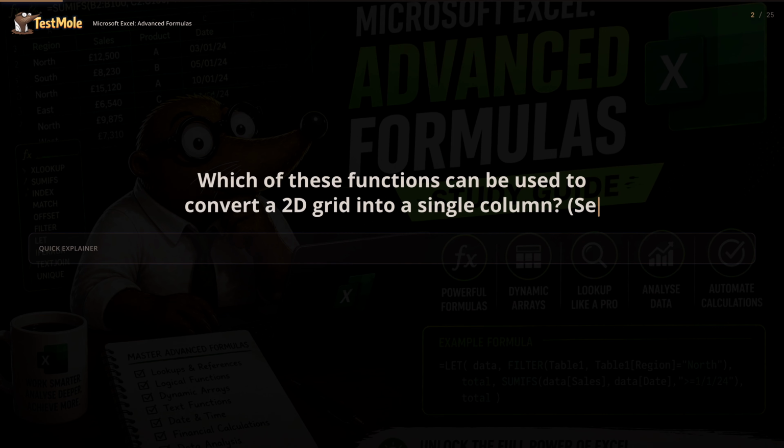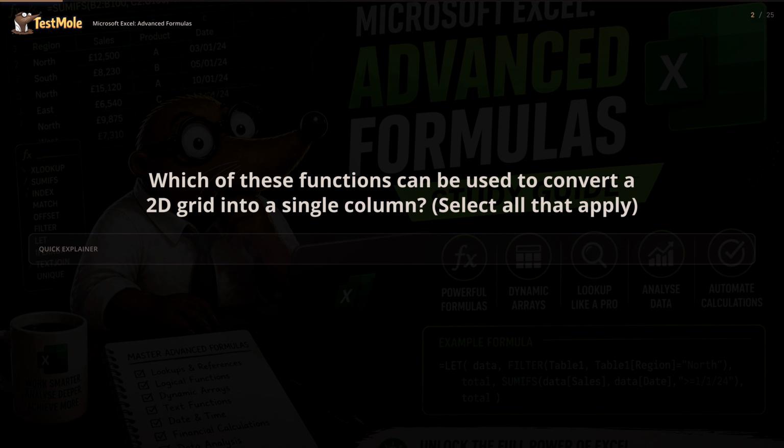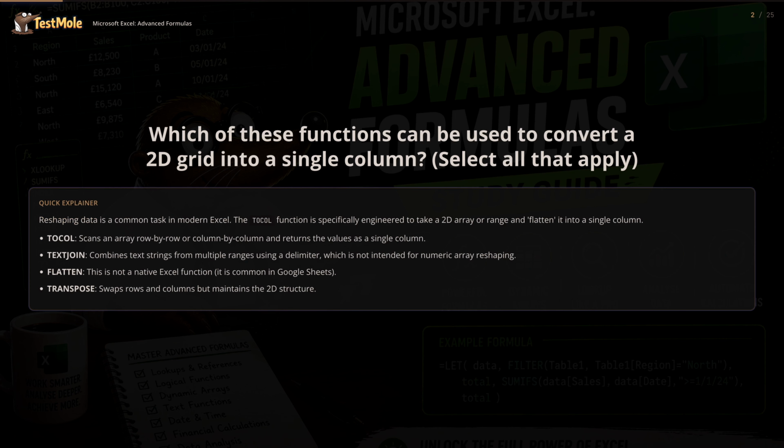Which of these functions can be used to convert a 2D grid into a single column? Select all that apply. Reshaping data is a common task in modern Excel. The TOCOL function is specifically engineered to take a 2D array or range and flatten it into a single column. TOCOL scans an array row by row or column by column and returns the values as a single column.